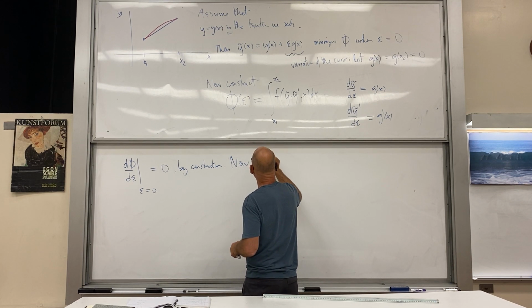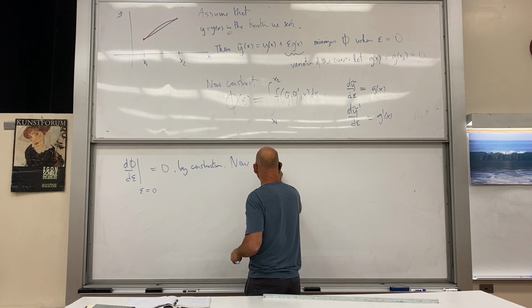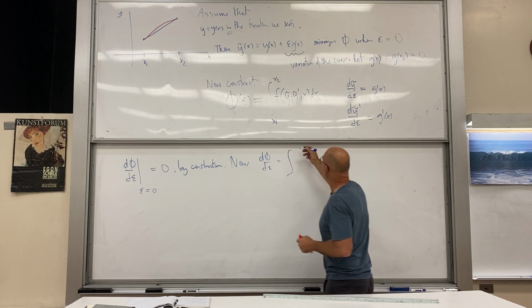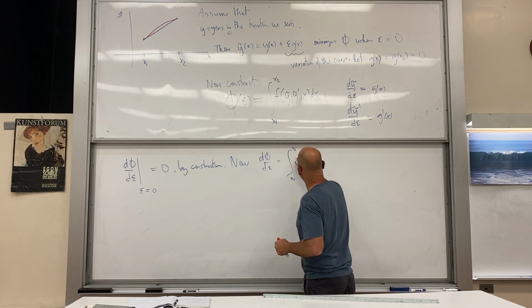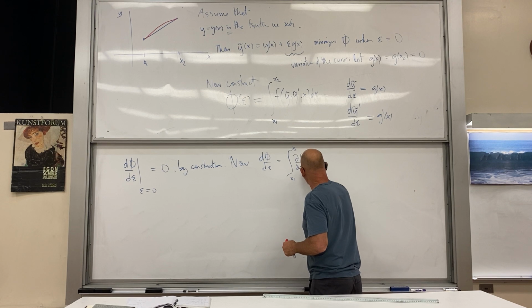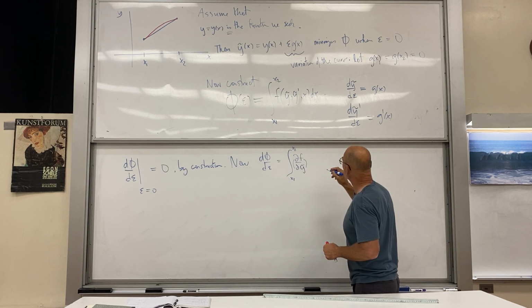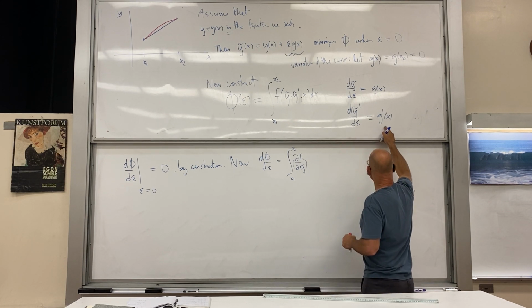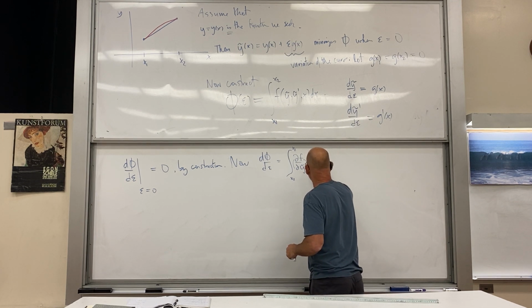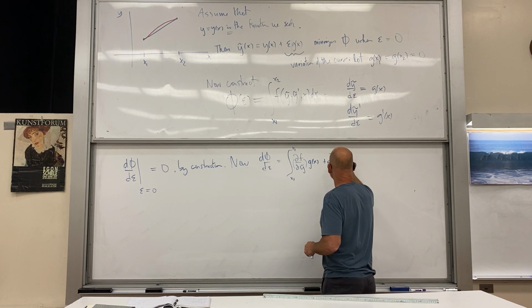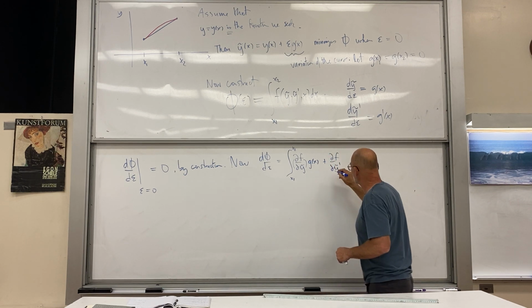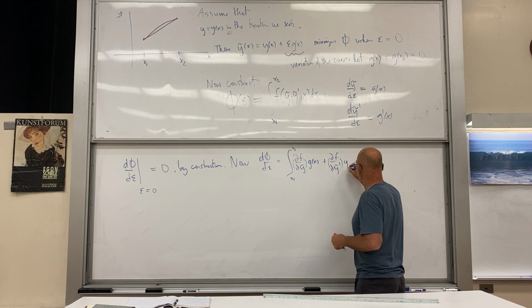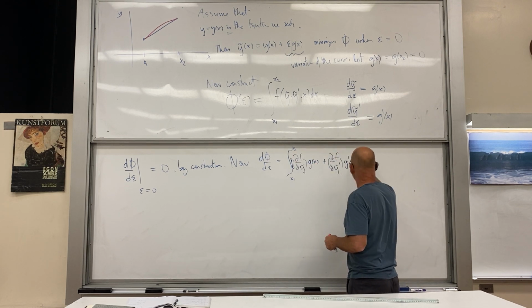Now d phi d epsilon is equal to, we're going to assume we can differentiate under the integral, exchange those limits, got x1 to x2, partial f with respect to y tilde of its arguments, and then d y tilde d epsilon, which is g, up there, g of x, plus partial f partial y tilde prime, and its chain rule, d y tilde prime d epsilon, which is g prime of x. There's a dx.